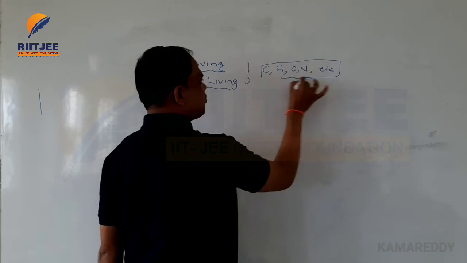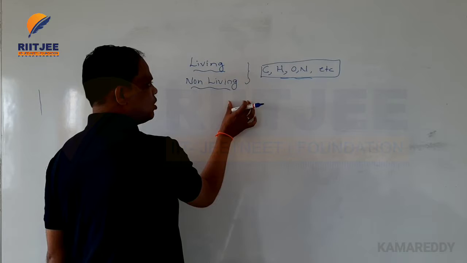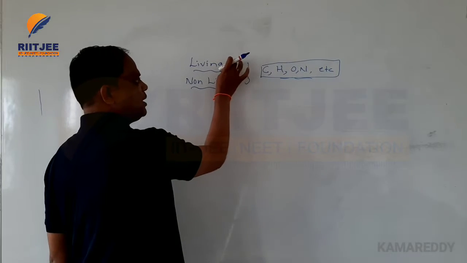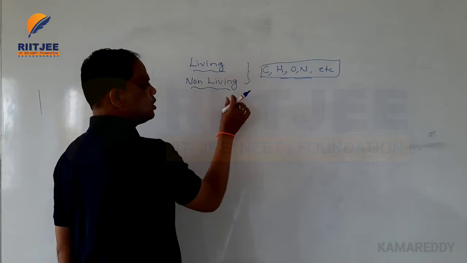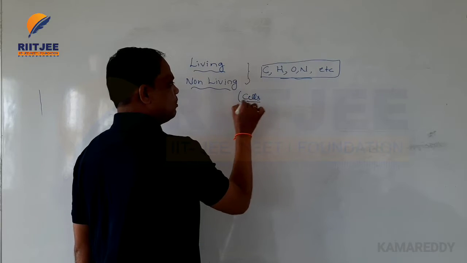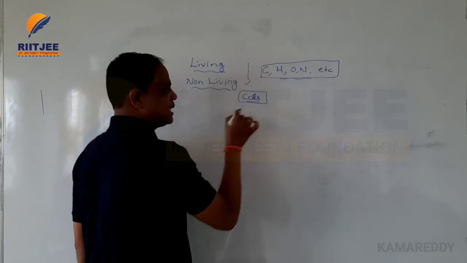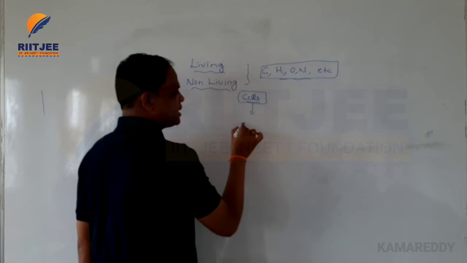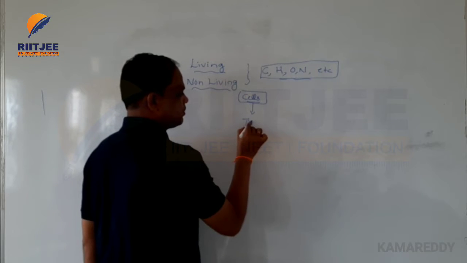Living organisms are made up of cells, and a group of cells is called a tissue.